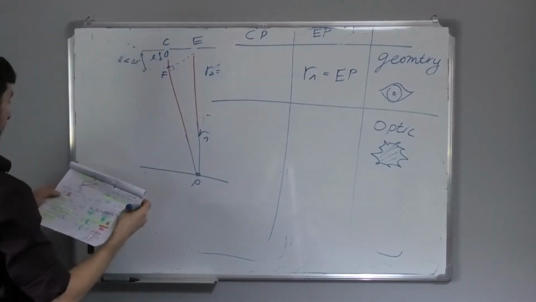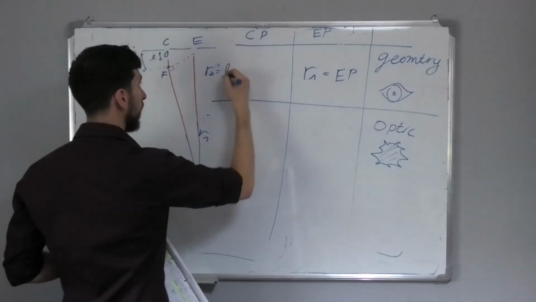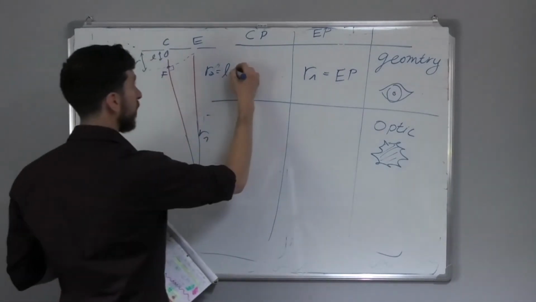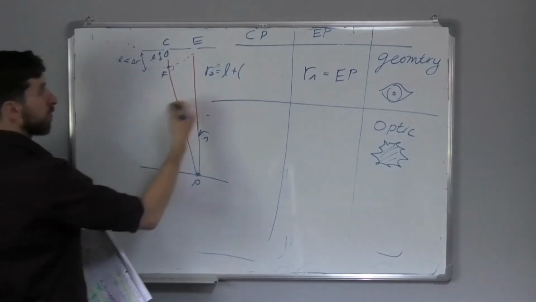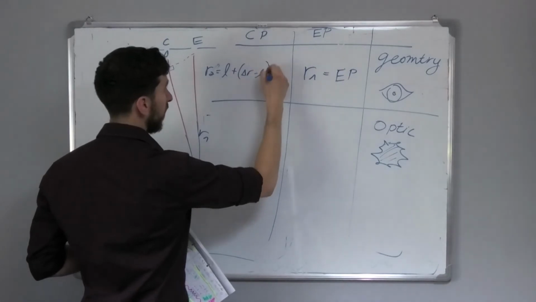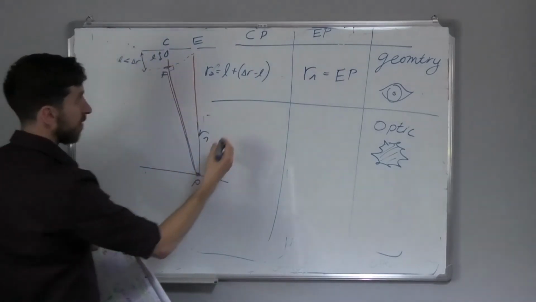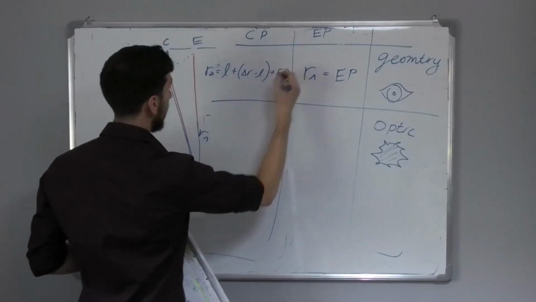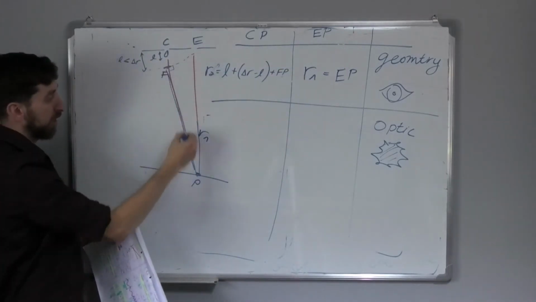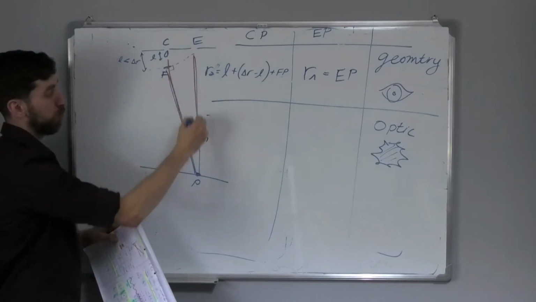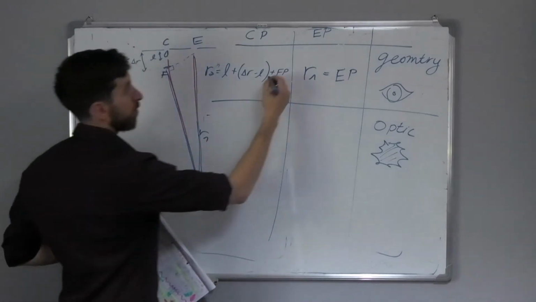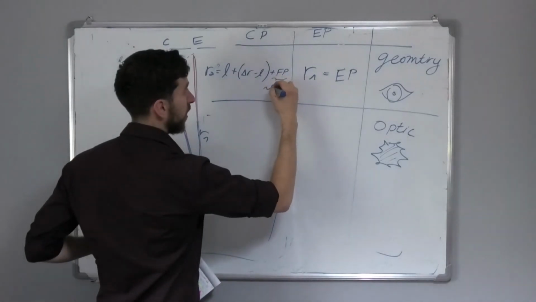First of all, I'm going through the drop, so I'm going L. And then I go the remaining delta R minus L, and then I need to finish this part, which is FP. But we said before that FP is approximately equal to EP, so it's okay to say it's almost EP.